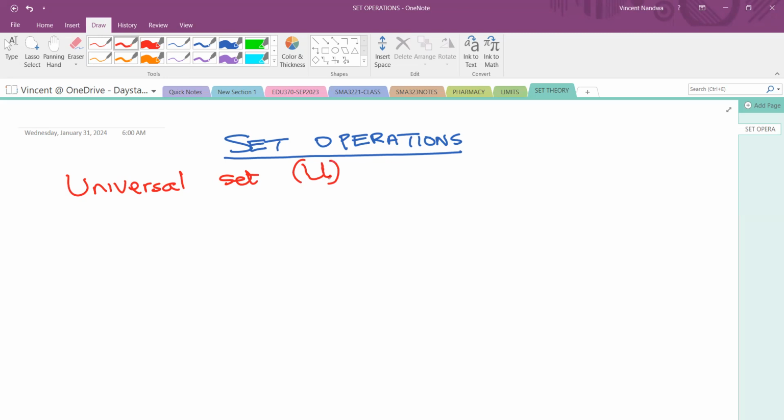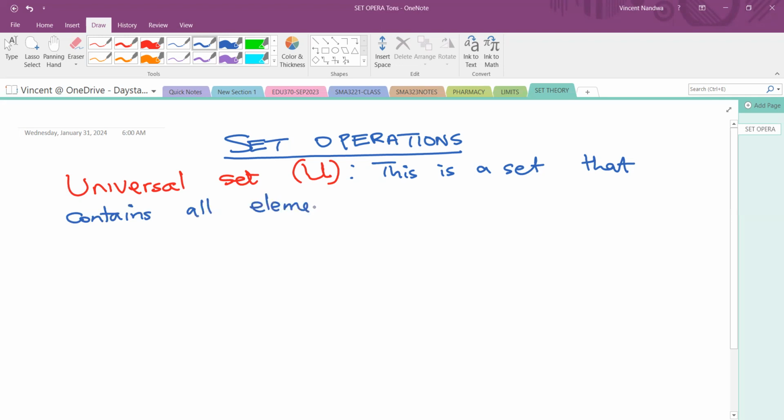And this is simply a set which contains all elements under consideration. It is also called the universe of discourse or simply the universe.